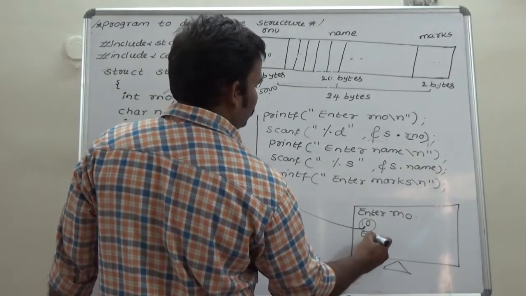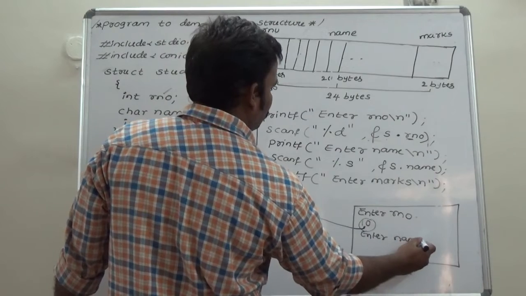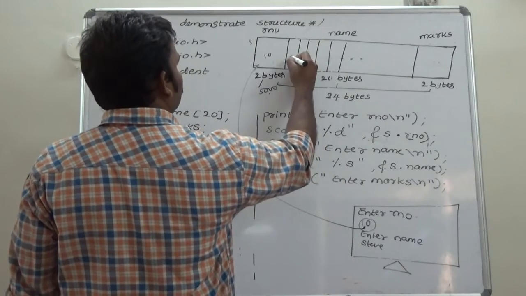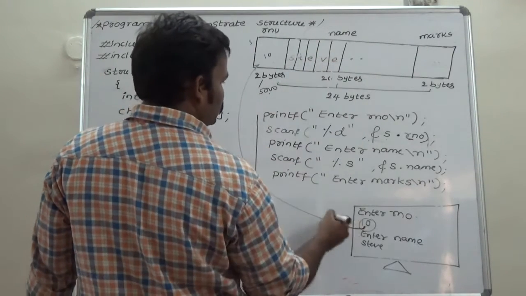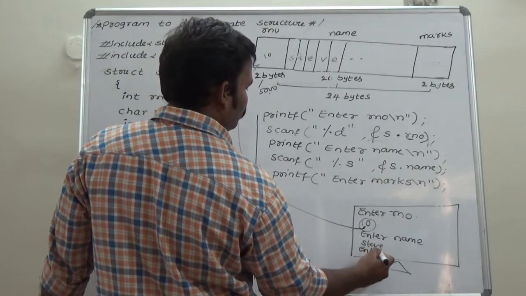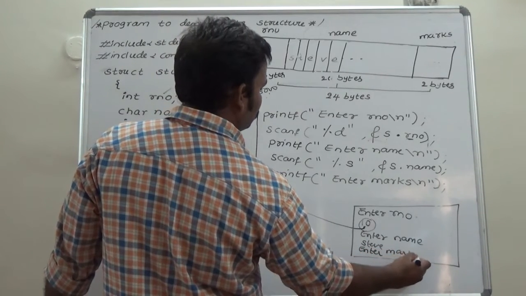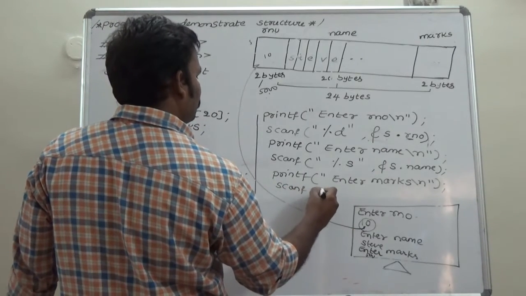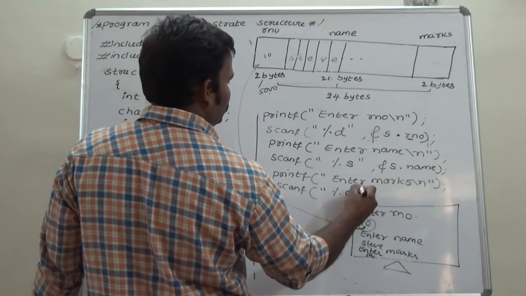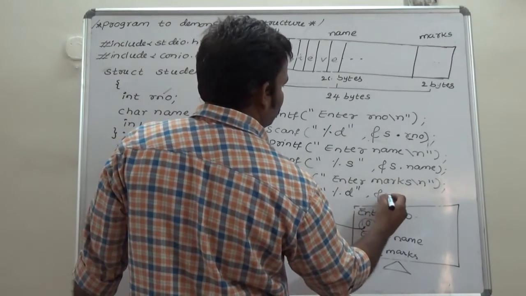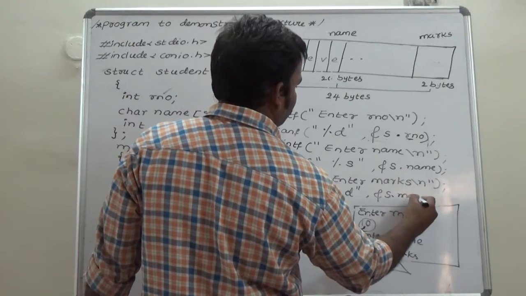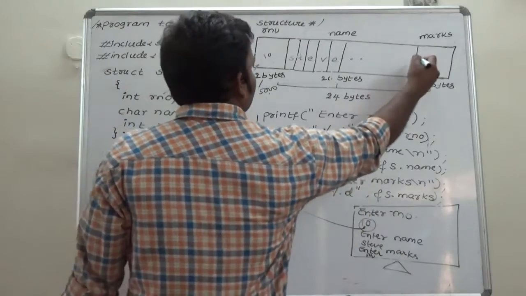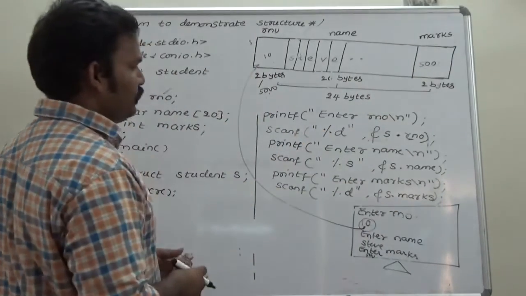Okay, so enter name. For suppose Steve, name is Steve. So Steve will be stored here. Next, to enter marks. Enter marks. For suppose 500. So scanf %d comma &s dot marks. Okay, for suppose marks 500 stored into that location.